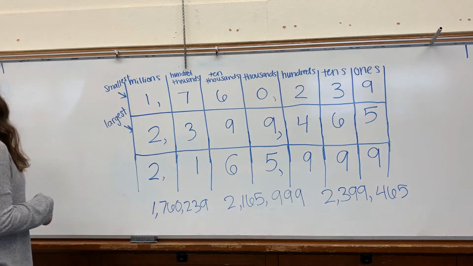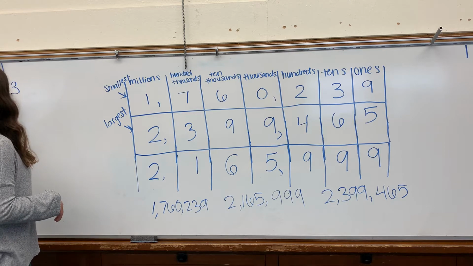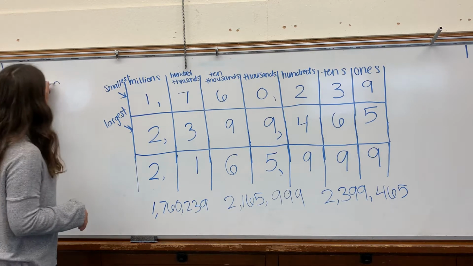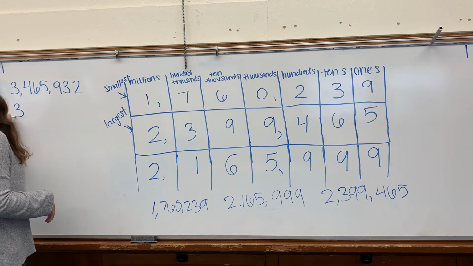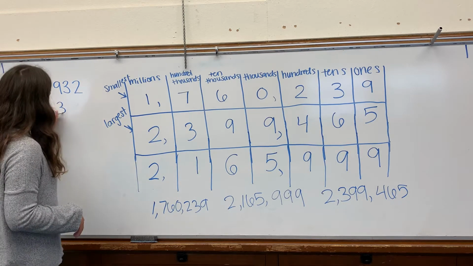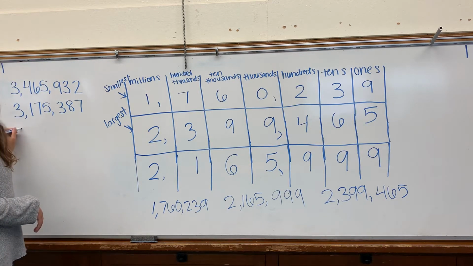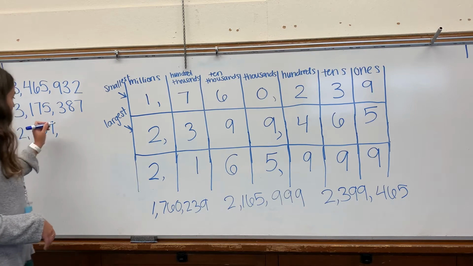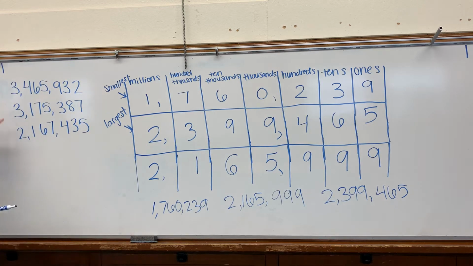So those numbers are going to be 3,465,932, 3,175,387, and 2,167,435. So these are your 3 numbers.